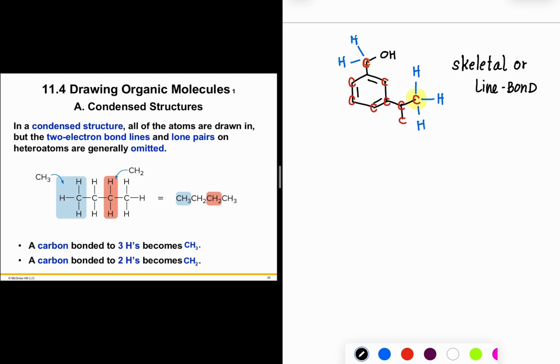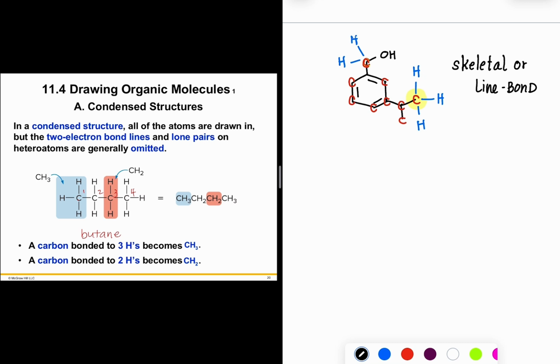So if I'm looking at this molecule here, this molecule has 1, 2, 3, 4 carbons. You'll find out soon that this is called butane. This has 4 carbons. On the end, I see that my first carbon is attached to 3 other hydrogens.